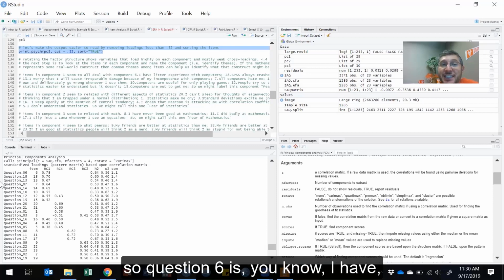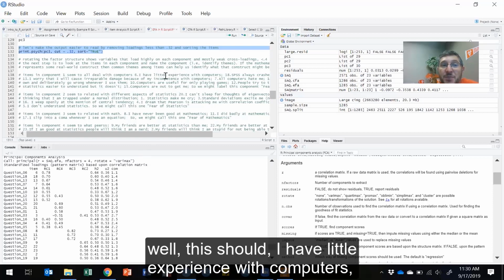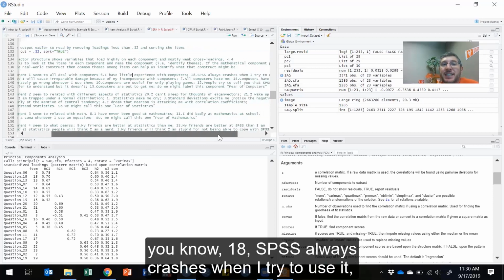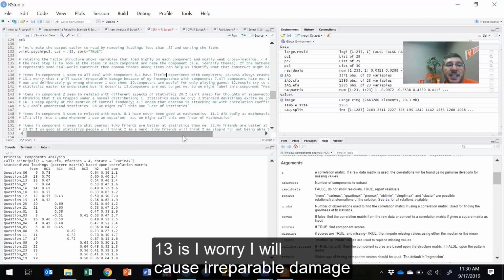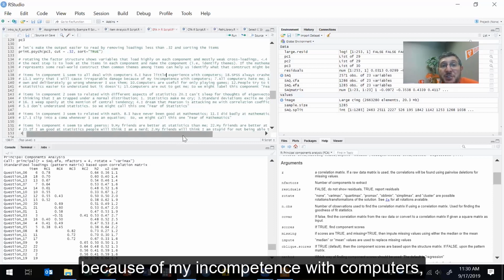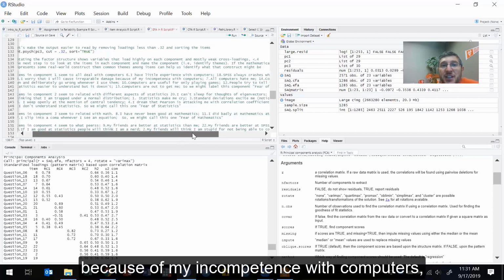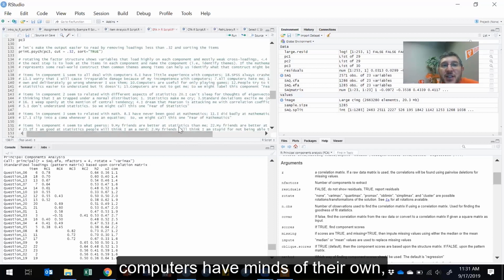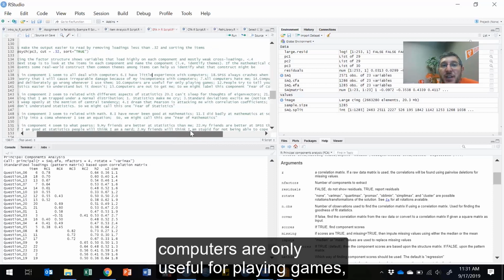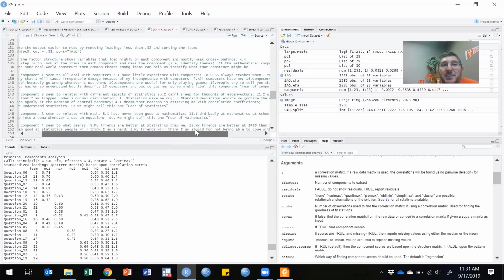Question 6 is, I have little experience with computers. 18, SPSS always crashes when I try to use it. 13 is, I will cause irreparable damage because of my incompetence with computers. All computers hate me. Computers have minds of their own. Computers are only useful for playing games.